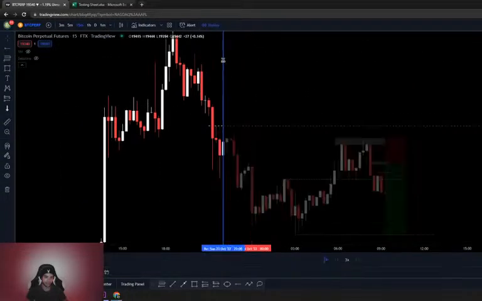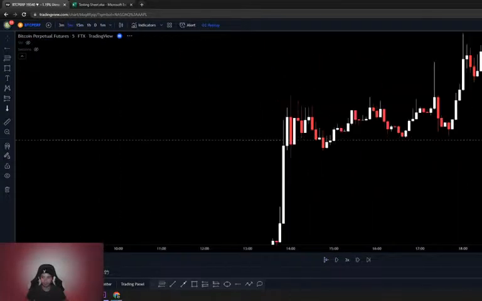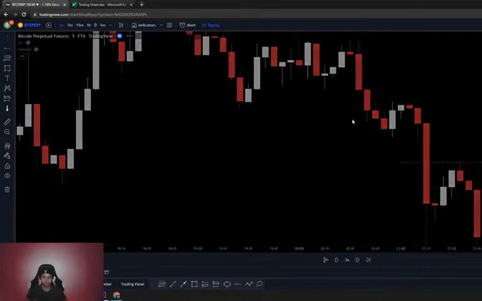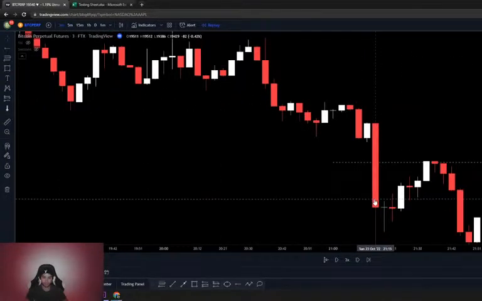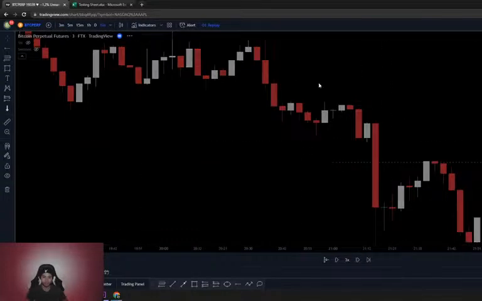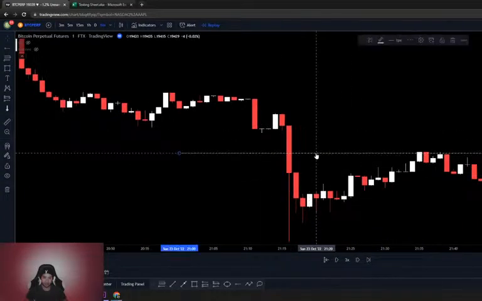So let's go back and have a look at smaller details. Where's the fair value gap in this area here? This whole area has been balanced. It's just this spot here, but I want to see if it's significant on the 1-minute candle. Okay, so anywhere above there.